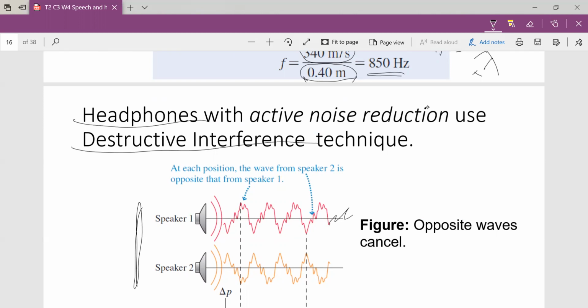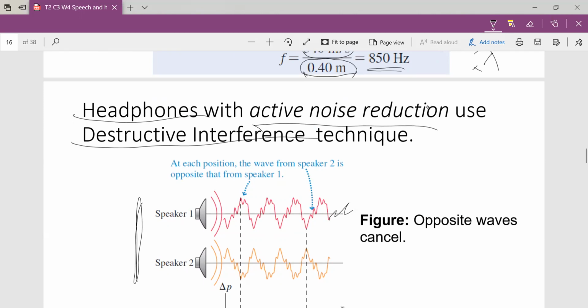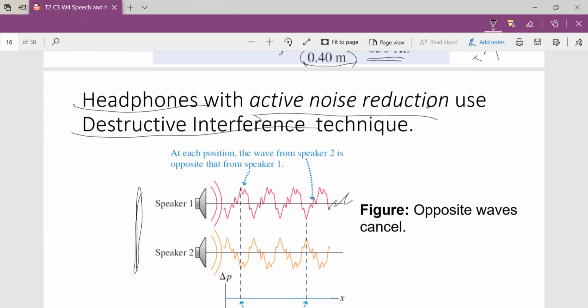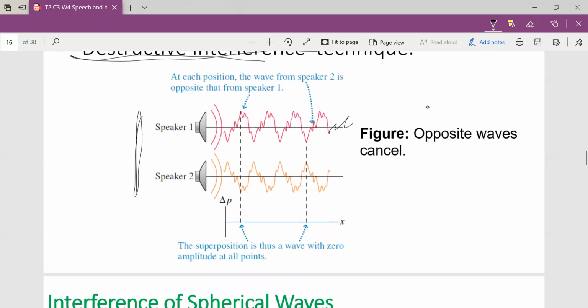So that is how the headset is able to control or reduce the noise that comes into what you hear.